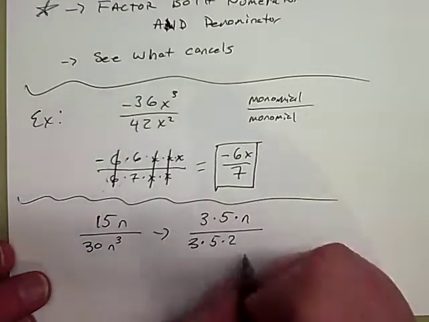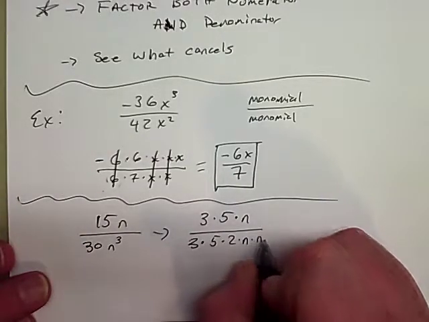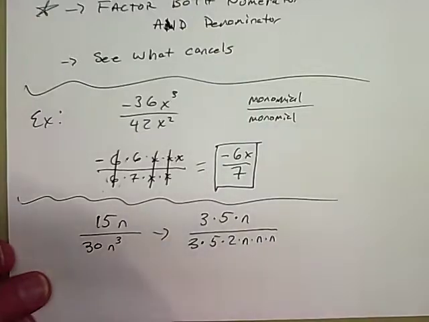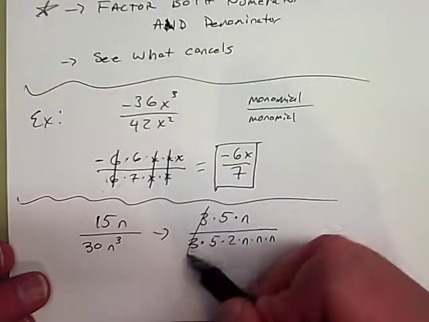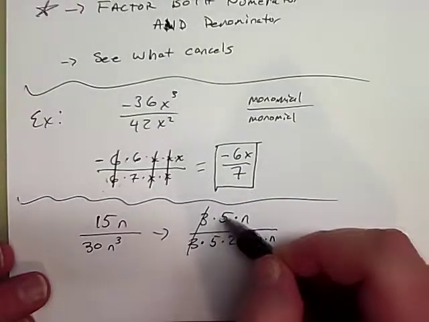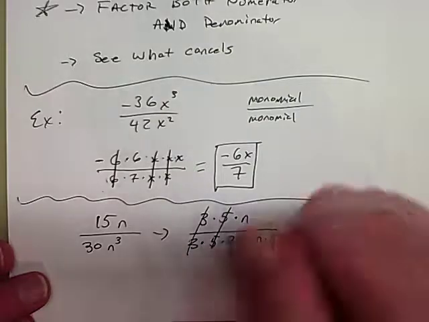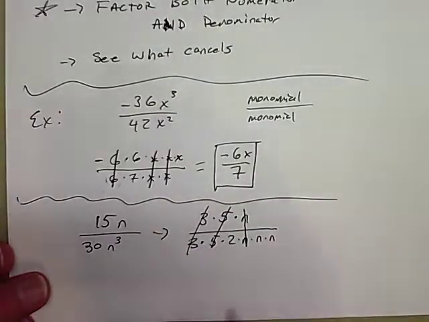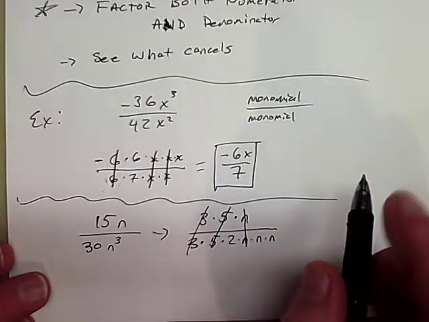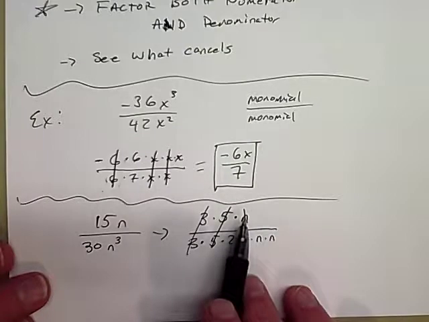N to the third gives me 1, 2, 3 n's. Now we've got to see what cancels. 3 divided by 3 is 1, gone. 5 divided by 5, gone, that's 1. n divided by n, gone, that's 1. And I have nothing left on the top.